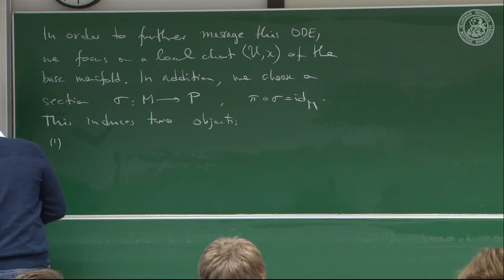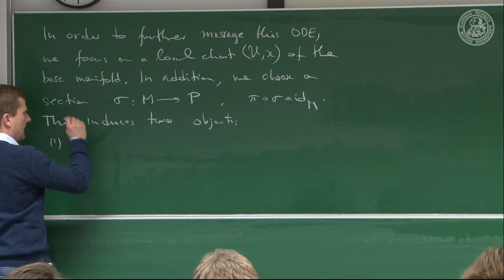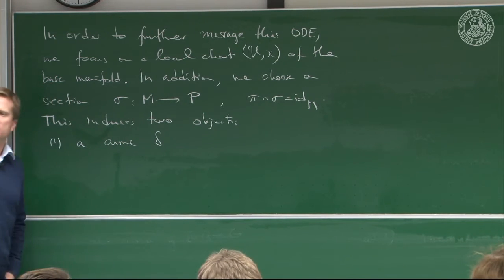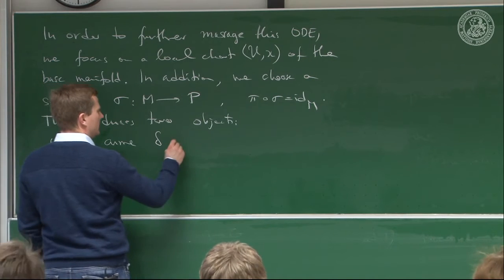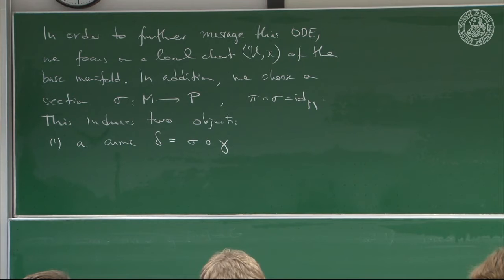So the first thing we get from this is a curve delta, and now here you get your arbitrary curve in this context. You get a curve delta as sigma after the curve gamma in the base manifold.